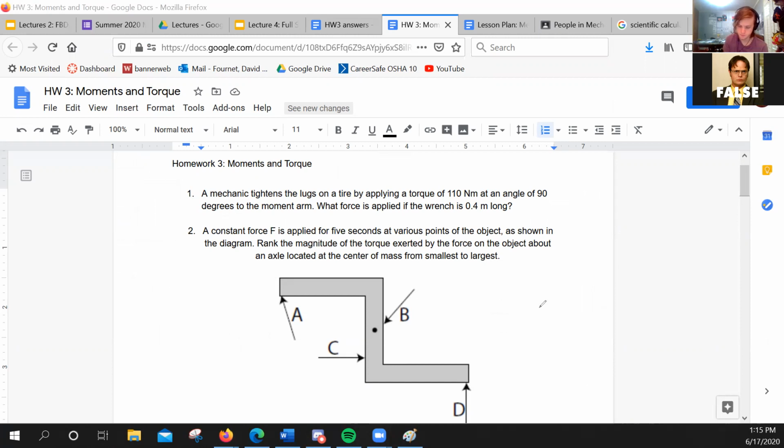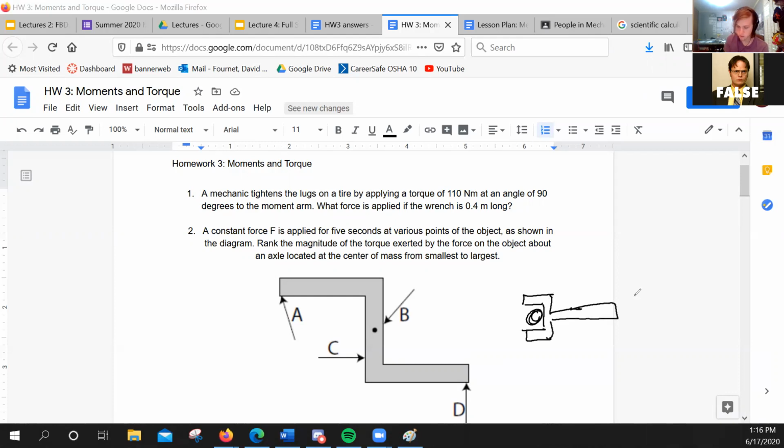And then in that case, you would go the wrench, and then it would be force perpendicular times 0.4 equals that, and then would you put 90 degrees in for the force perpendicular to it?